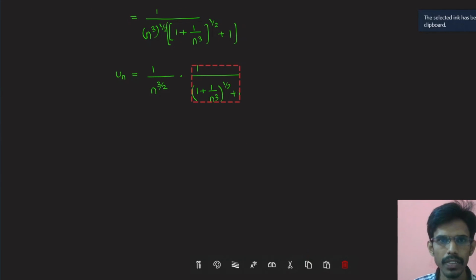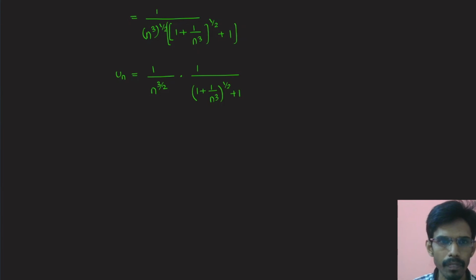Now let us take this, let this 1 by n power of 3 by 2 be Vn. So we have un equal to Vn into this complete term. So here we have this term.